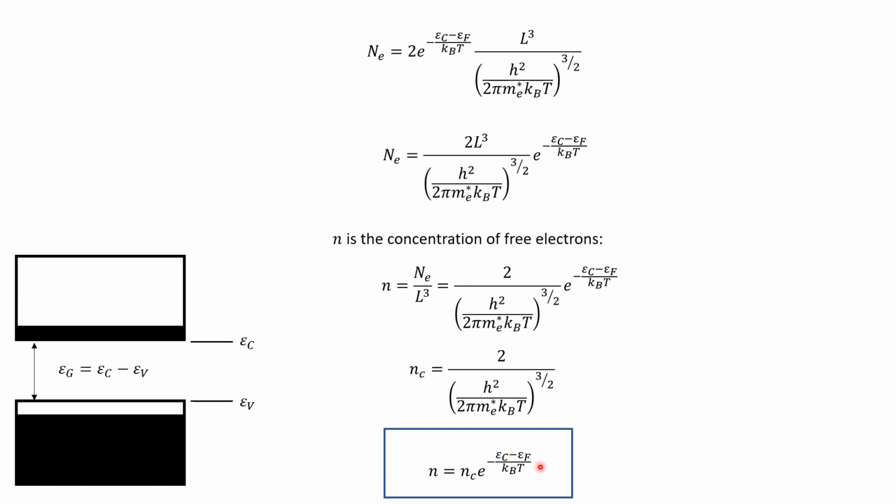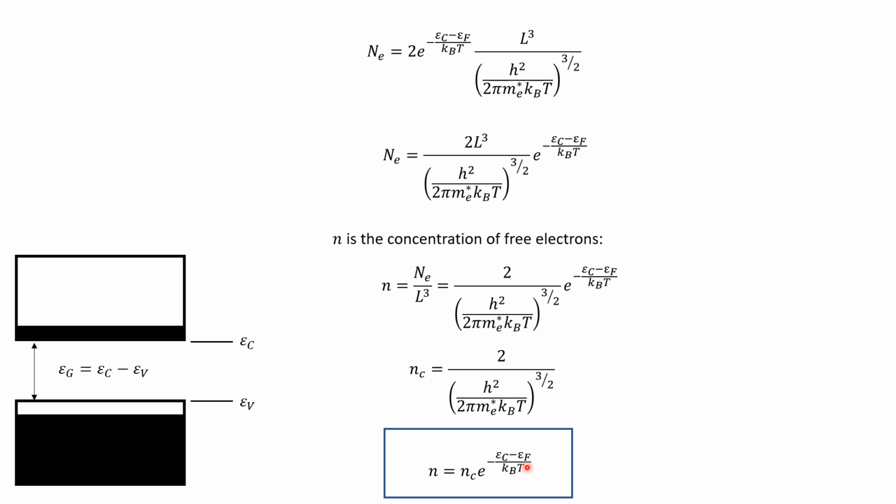Recall in the lecture about chemical potential that we mentioned that the higher the chemical potential is, the higher the concentration is. But we did not have, at that time, an explicit expression connecting the chemical potential and the concentration. But now we have. The chemical potential here is appearing in the guise of the Fermi level.